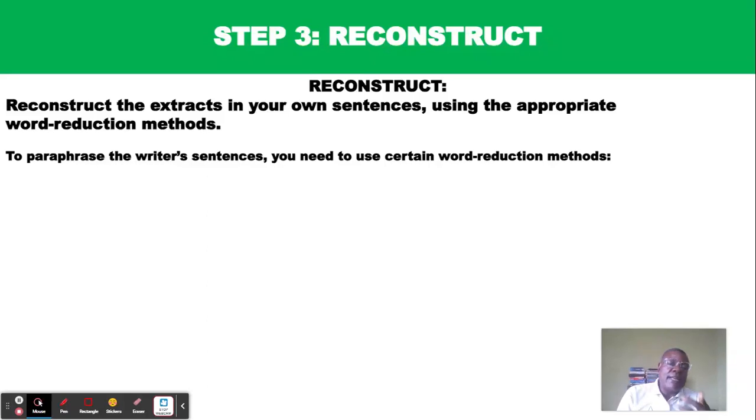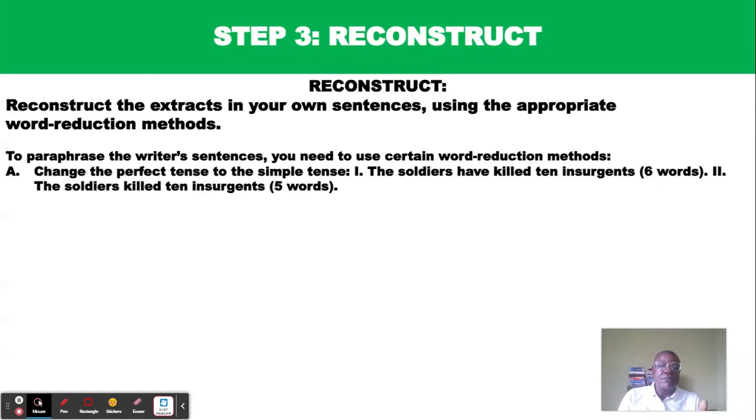Now, to paraphrase the writer's sentences, you need to use certain word reduction methods. Don't forget that one of the qualities of a good summary is conciseness, which means it is written in your own words, and it summarizes the idea expressed by the original writer.